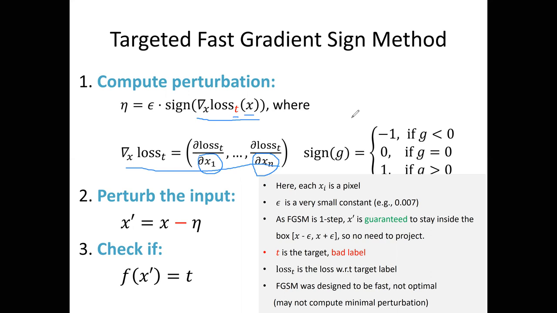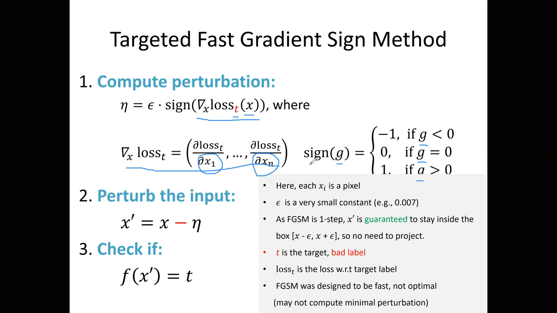So once the gradient is computed, call it G, we are going to look at each entry and determine whether the entry is negative, 0 or positive, and then set the corresponding sign. So we compute the sign.